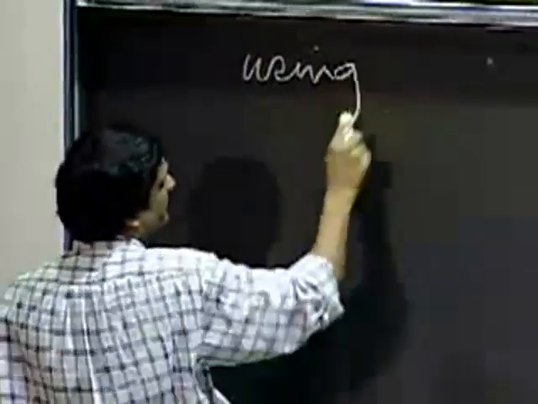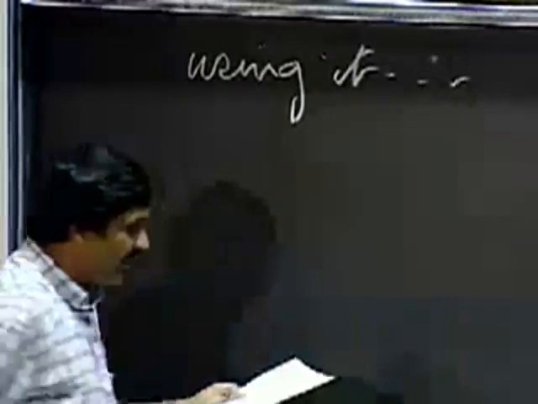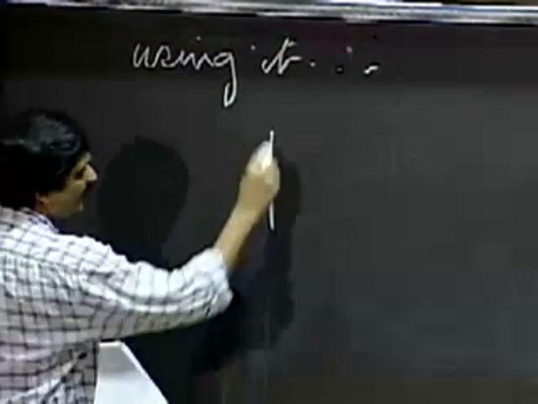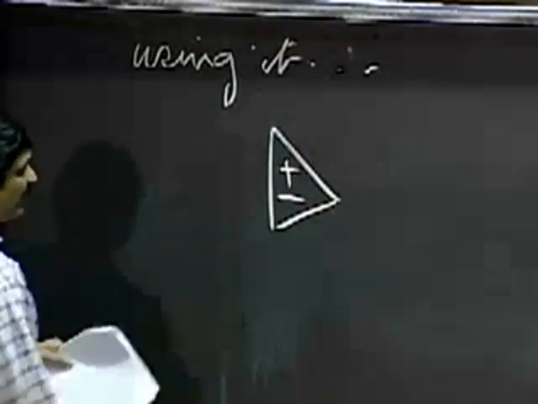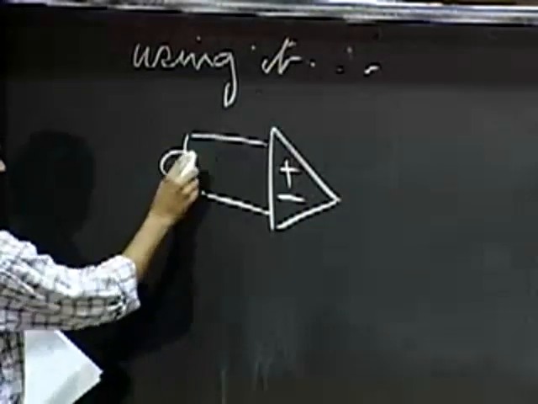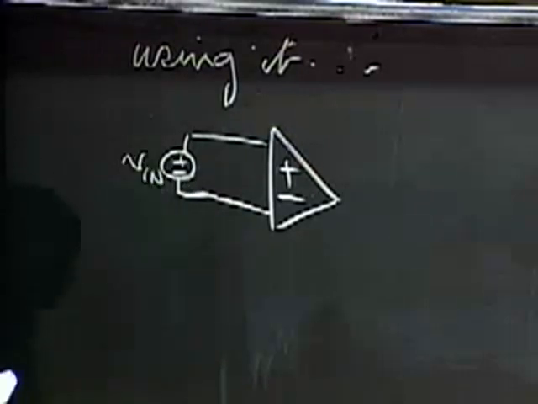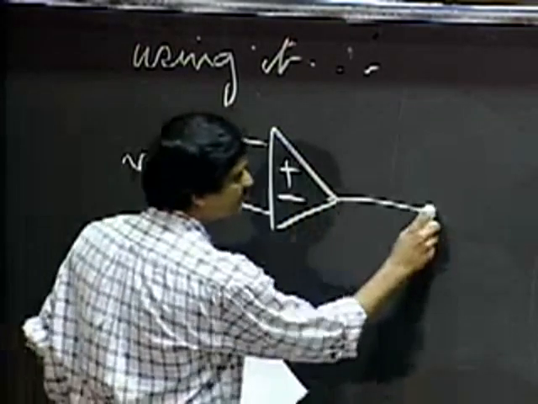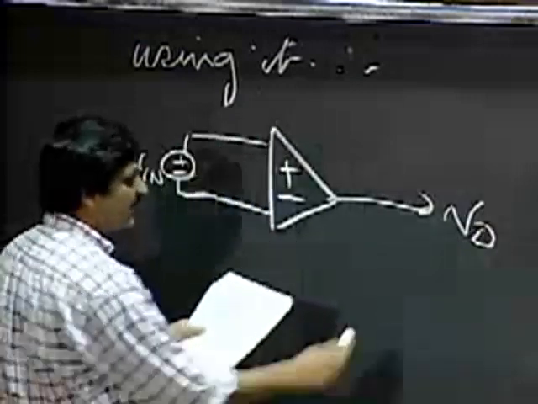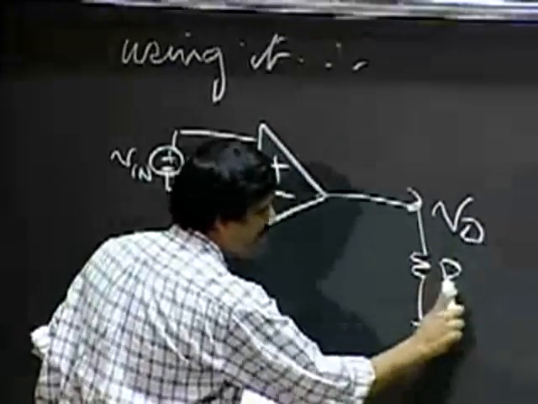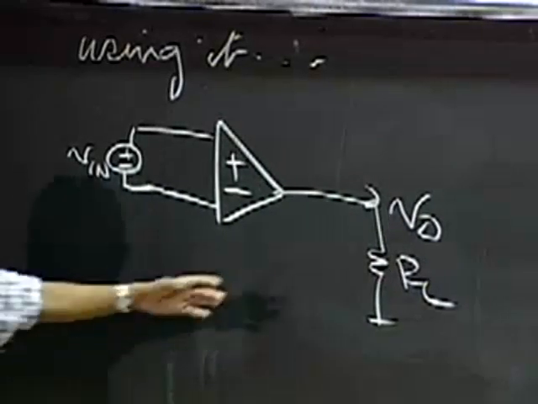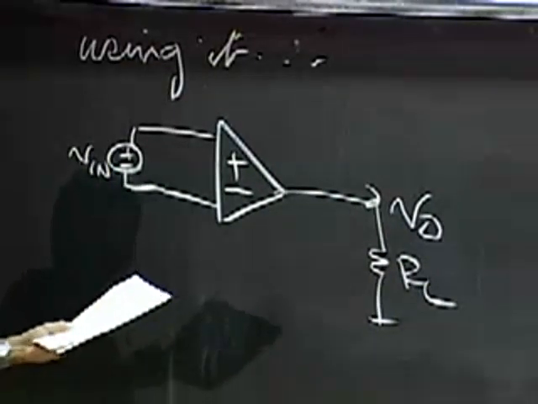Okay, so the next step is, how do I go about using the op-amp? So let me show you how it looks on a scope. So what I'm going to do is apply the input to the op-amp. I'm going to look at the output, place the resistor RL to ground, and look at the output.